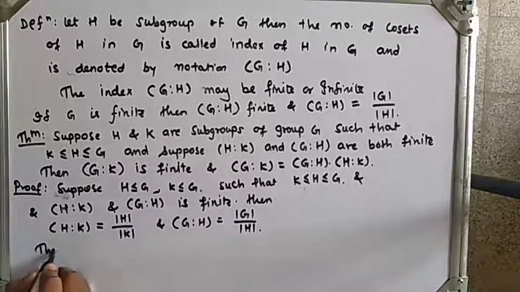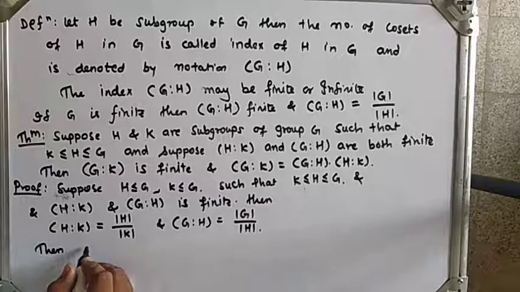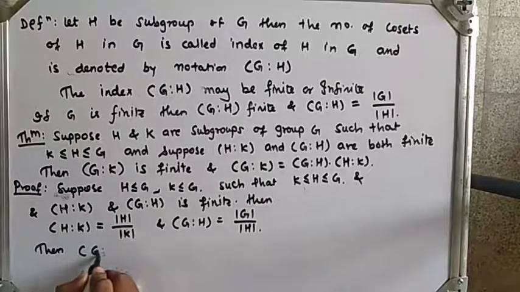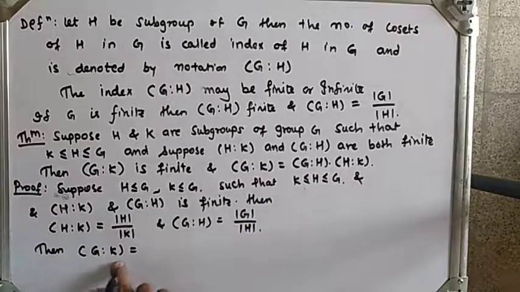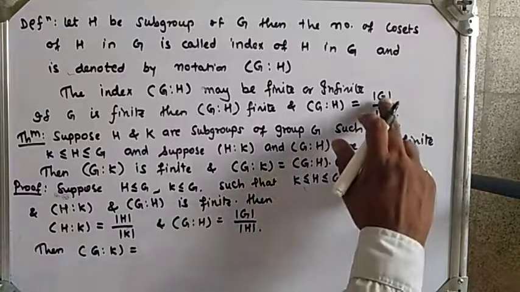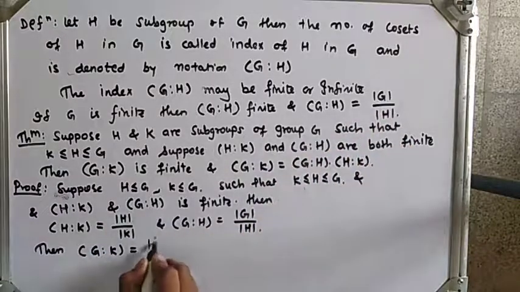Then we get the index of K in G is equal to the order of G upon the order of K.